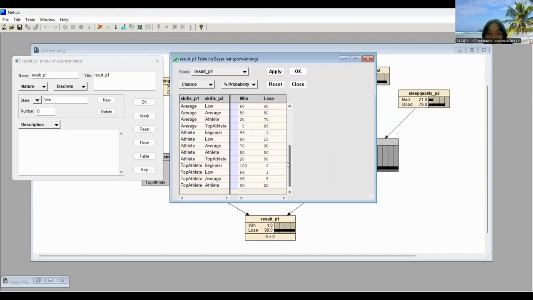This is our work. You will see that if the skill level is the same, there's a 50-50% chance of winning or losing, which is quite reasonable.